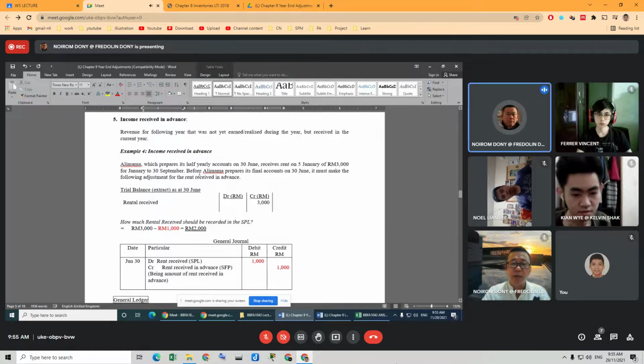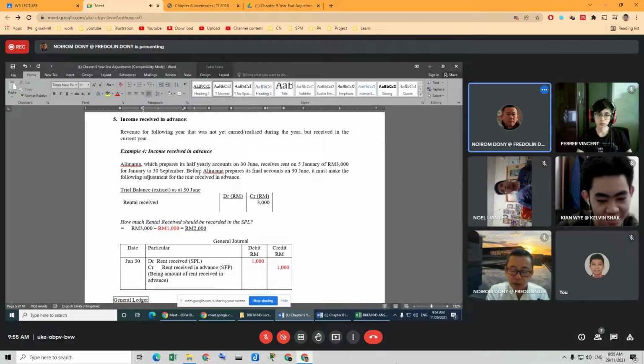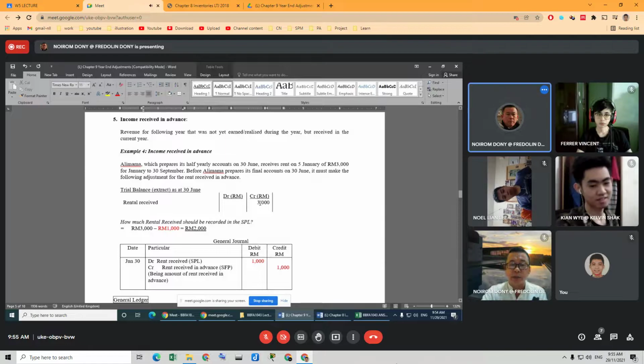So before Alibaba prepares its account on 30th of June, it must make the following adjustment for the rent received in advance. Because it has already been received, it has already been recorded. That is why the trial balance extract of Alibaba as at 30th of June has rental receipt on the credit side, 3,000, which is inclusive of rental until September, so 3 months in advance.